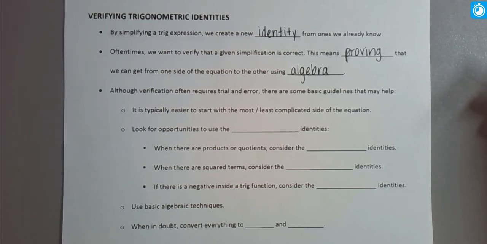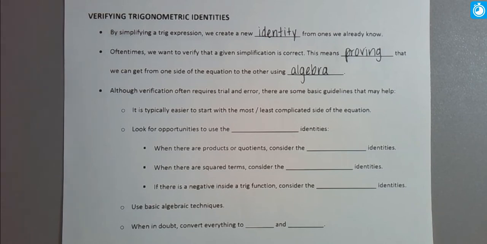Now, this is going to definitely require trial and error, but there are some guidelines that will keep you on the right track, just some general strategies to try that will help you get started when it doesn't necessarily seem like you have a lot of strategies.